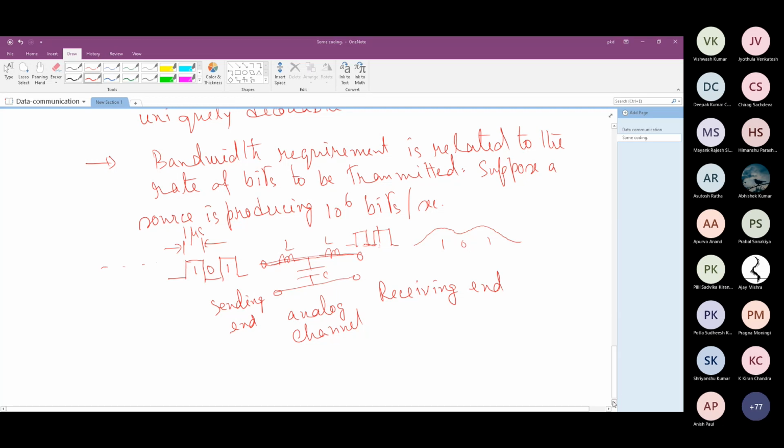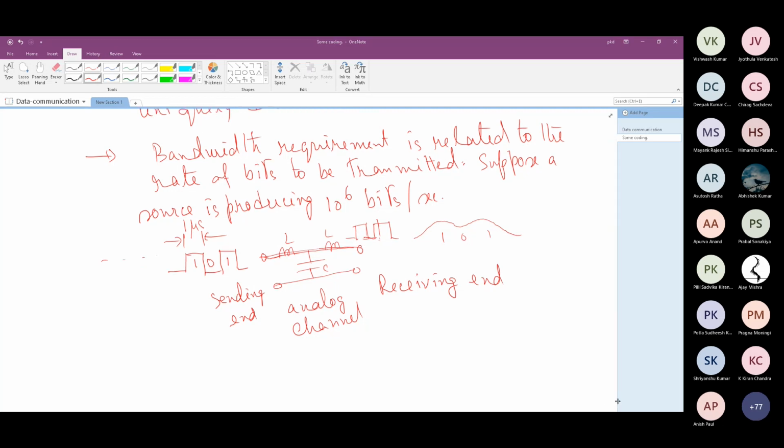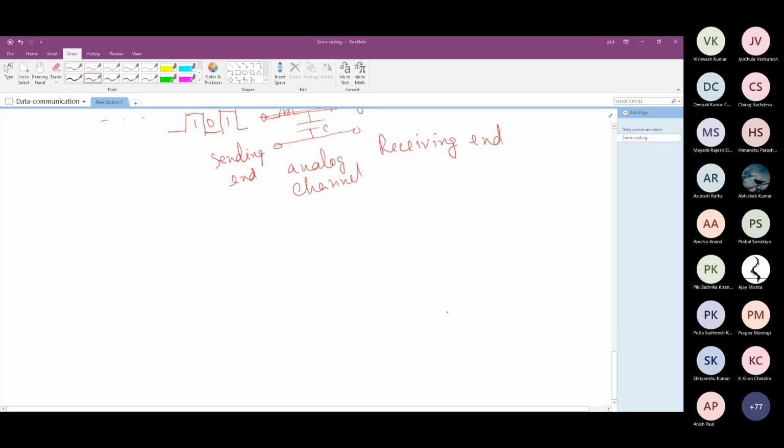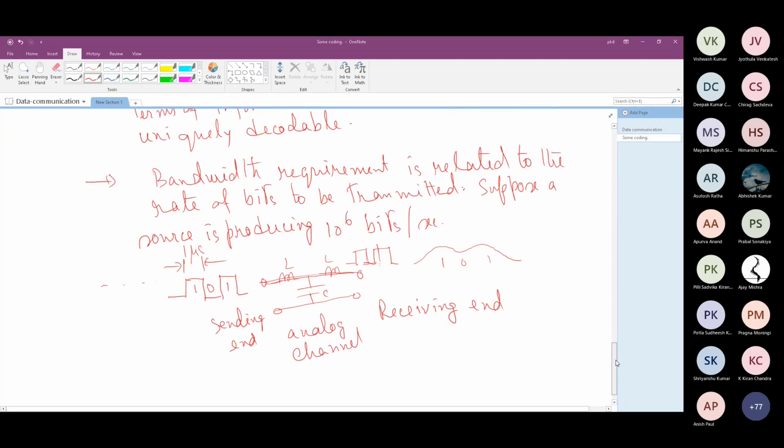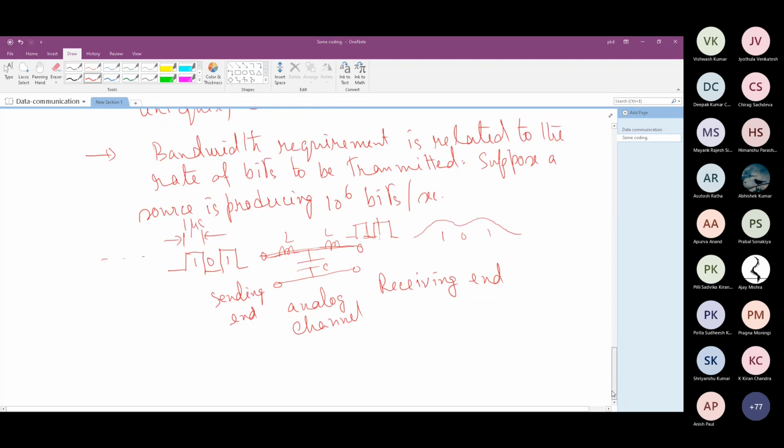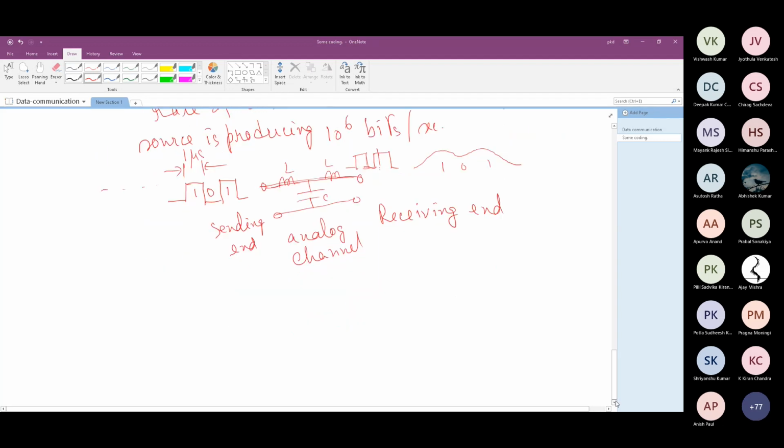Is it all right? Okay. Because suppose this represents, actually you cannot represent a perfect square. Am I clear? Are you listening?